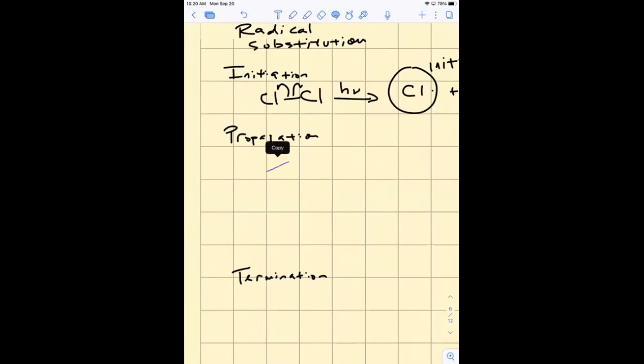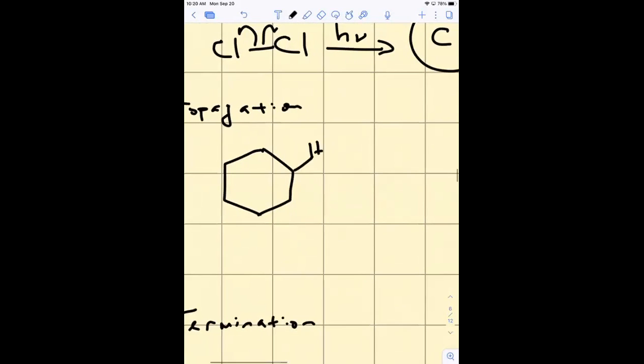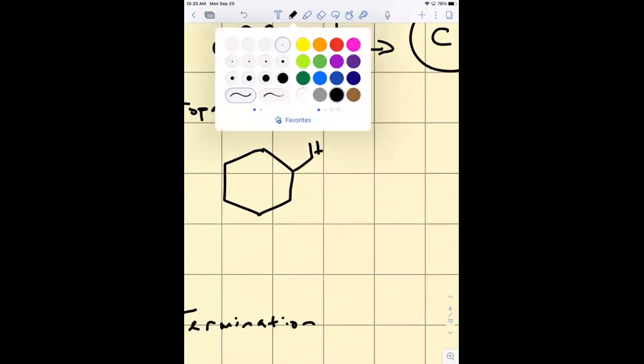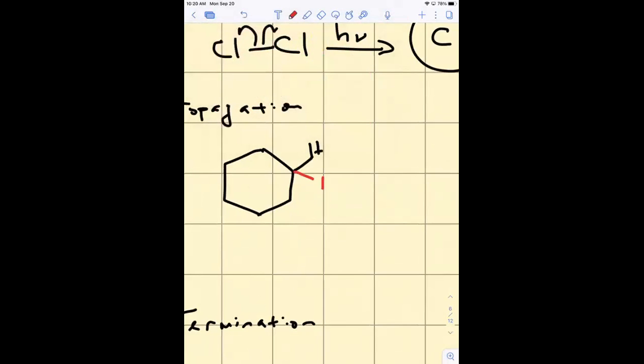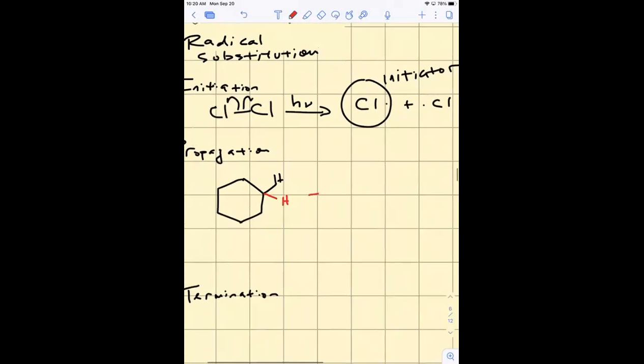The way that it happens, it's going to do what's called abstraction. So these are the two hydrogens here. I'm going to make one a different color. It's going to be that plus chlorine radical. Everybody okay so far?